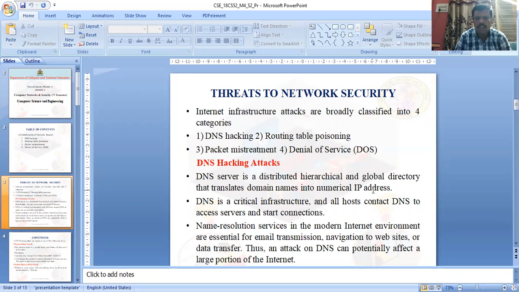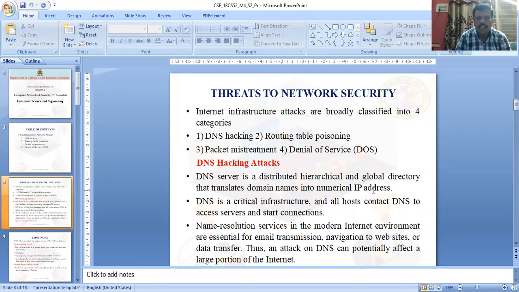Unique domain names like yahoo.com and gmail.com are converted into a numerical IP address. The DNS server gives the IP address of the particular domain, such as the Yahoo server that launched the website.